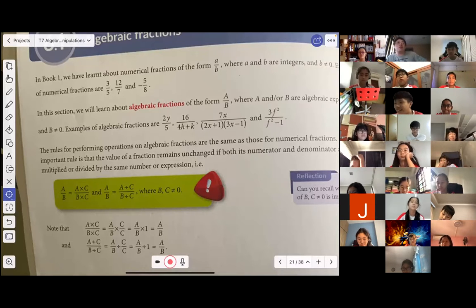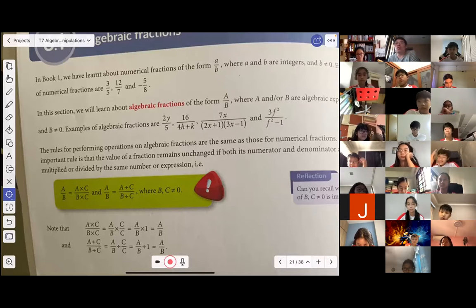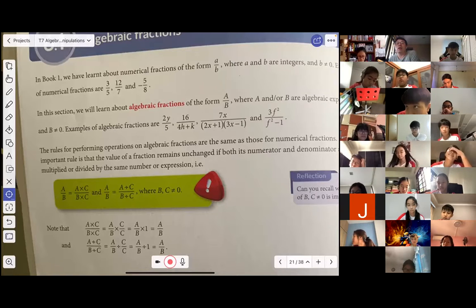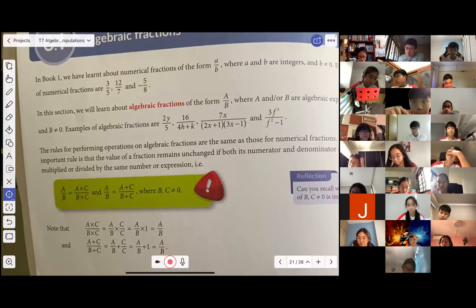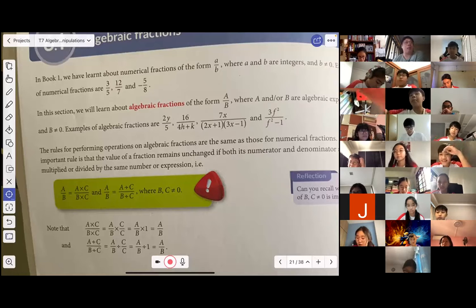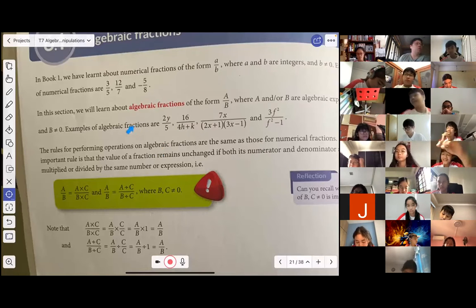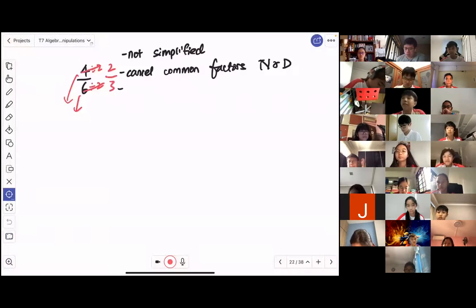I think the most important thing is that this chapter is quite challenging. I believe those of you who did the chapter, even the strong ones, struggled quite a bit. There are quite a lot of sections that we need to talk about. Looking at algebraic fractions, there are sections where we need to do cancellation.